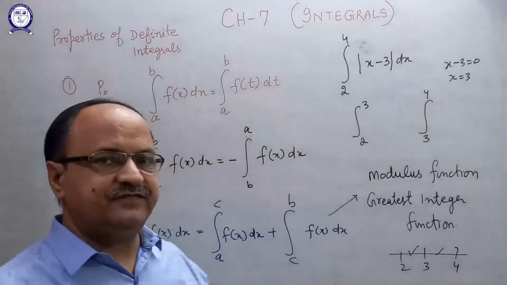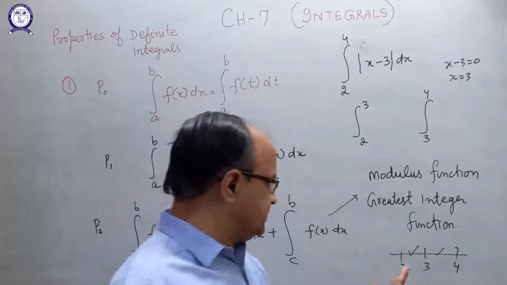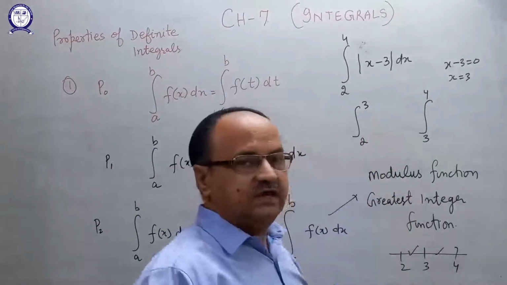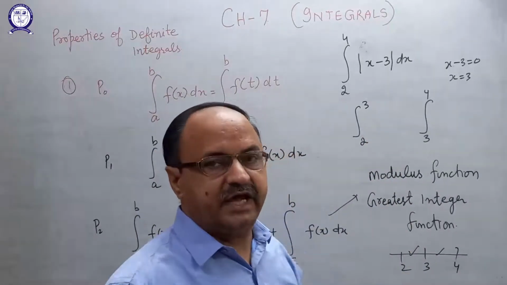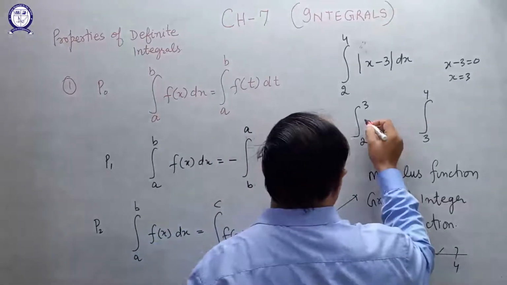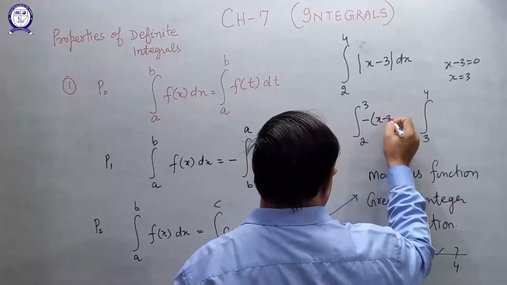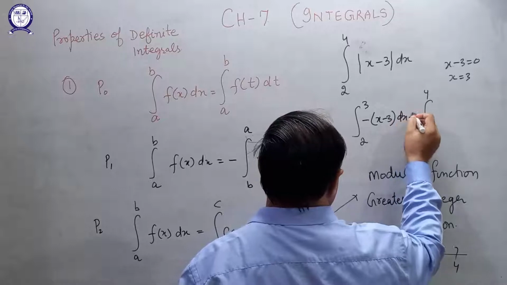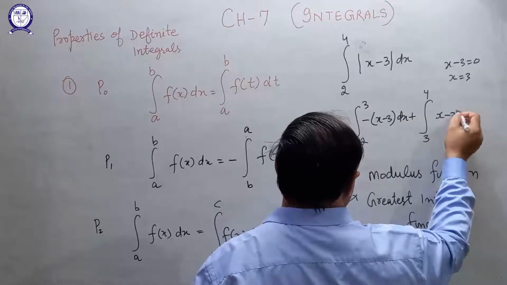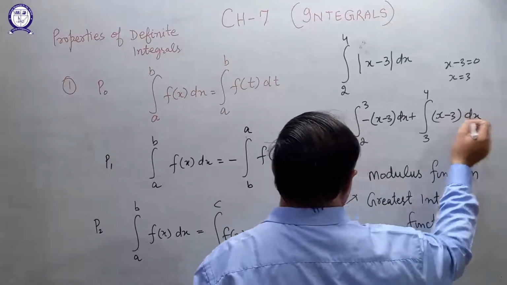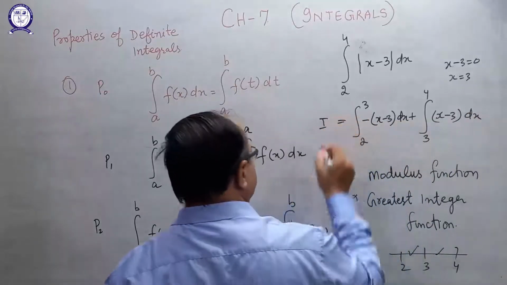2 to 3 means the left interval, left side. In the left side, we always take the negative function of the modulus, that is minus x minus 3 dx, plus here we take the positive function. Clear?